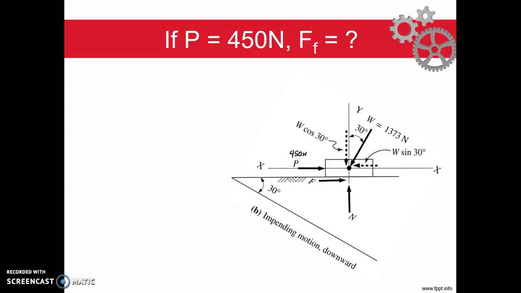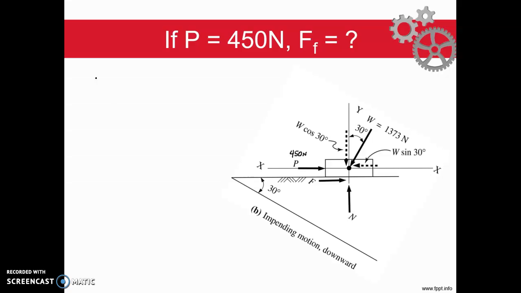So there is a question as to what direction the friction force is going to be going in. And basically, it's going to be whatever direction and whatever magnitude is required to maintain static equilibrium.